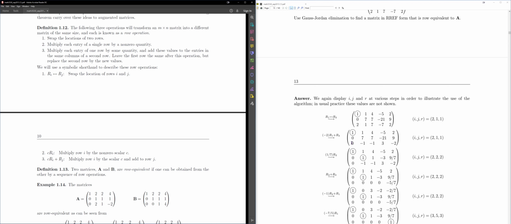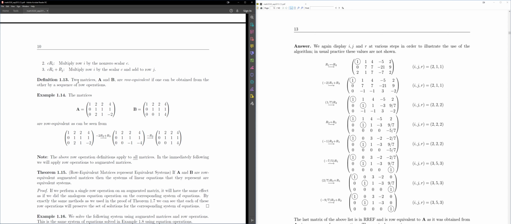So you get this over here. Going from here to here, you add minus 2 times row 1 to row 3. This is the end result. Notice the notation: it's row 3 that actually changed, not row 1. Row 1 remained the same.